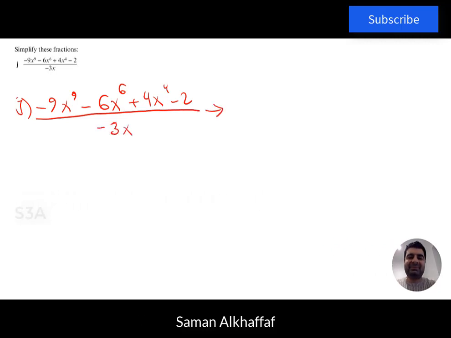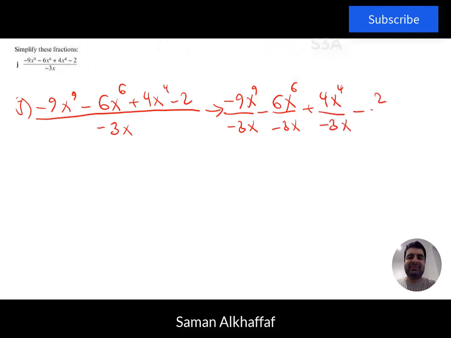So first we simplify by dividing each term by its common denominator, so that will give us minus 9x to the power 9 over minus 3x, minus 6x to the power 6 divided by minus 3x, plus 4x to the power 4 divided by minus 3x, minus 2 divided by minus 3x.